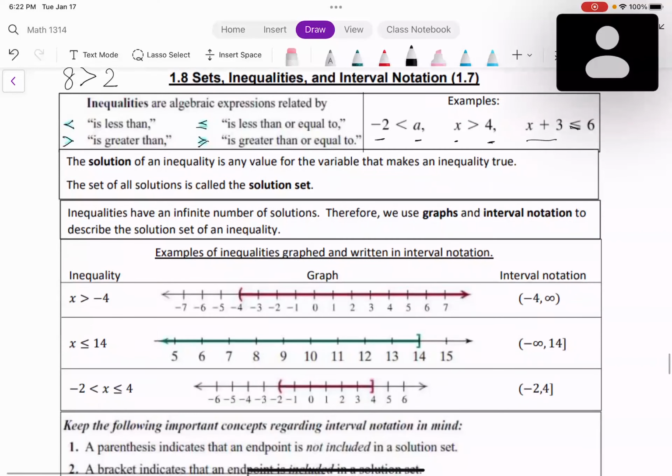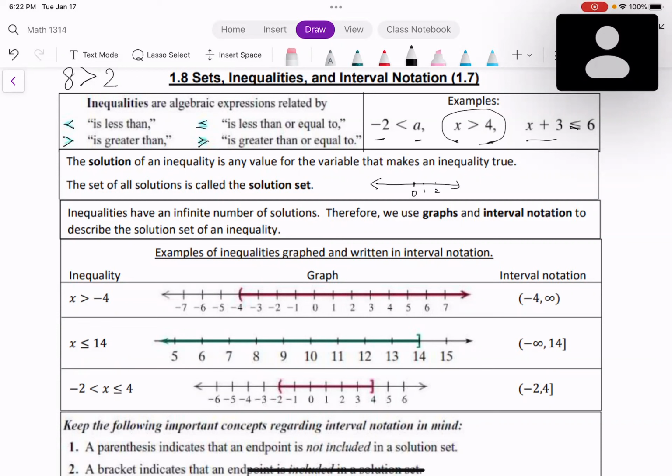Okay, the solution of an inequality is any value for the variable that makes the inequality true. The set of all solutions is called the solution set. For example, take x is greater than 4. I draw a number line. In the middle, this is 0 and 1, 2.